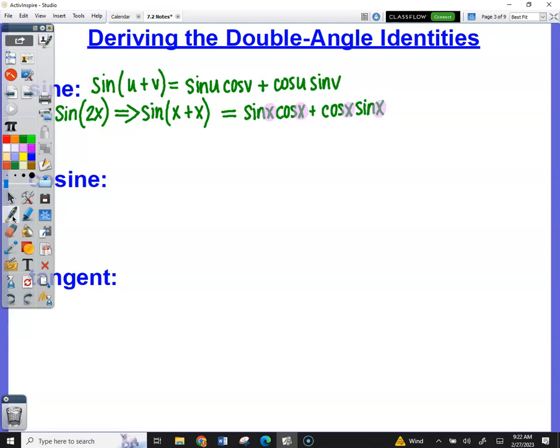So are these like terms? Yes. Even though their order is switched, it does not matter. It's just multiplication in between them. So if you shuffle those to match the same order, it would not matter. So I have one entity and another entity. So this is 2 sine x cosine x.